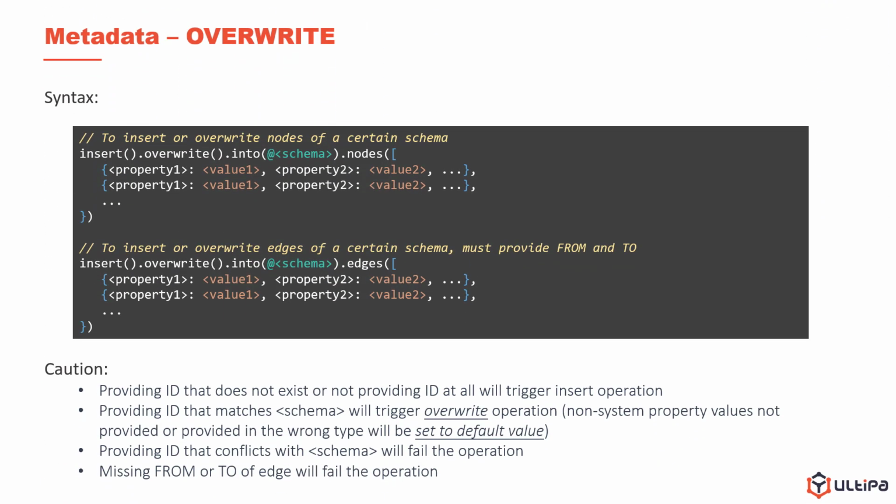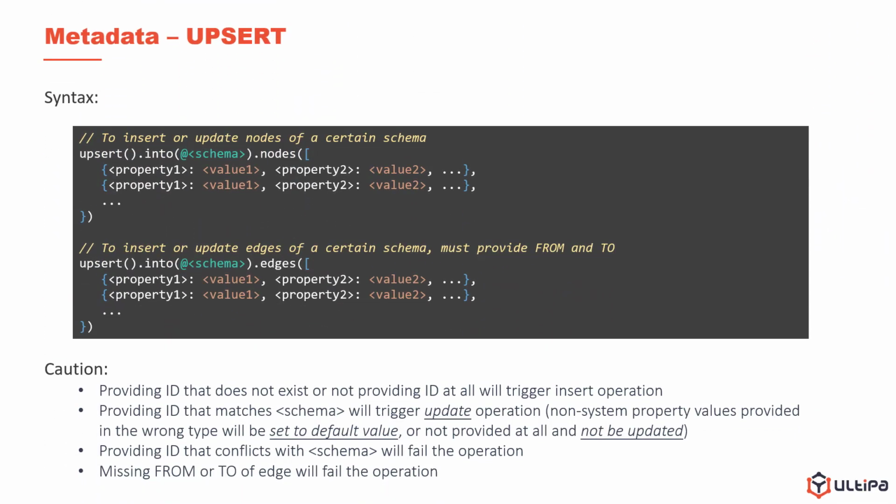Command insert overwrite will either trigger the insert operation or the overwrite operation if an existing ID is identified. Providing an ID that conflicts with the schema or not providing from and to of an edge will fail the operation. Command UPSERT will either trigger the insert operation or the update operation if an existing ID is identified.